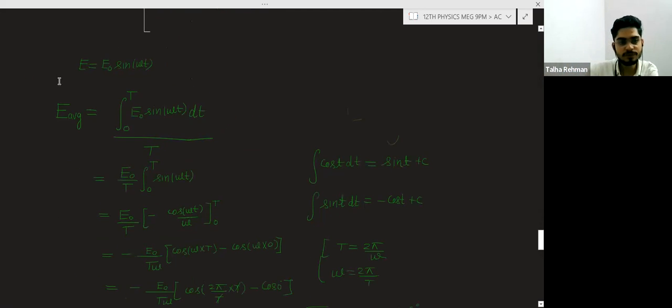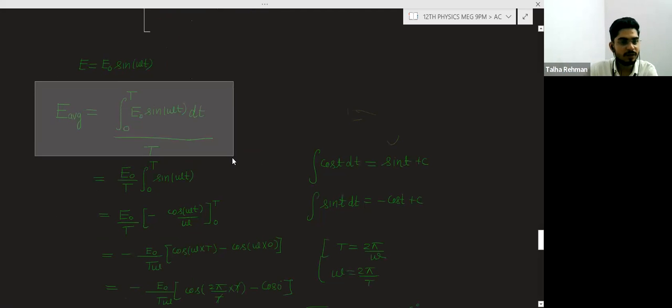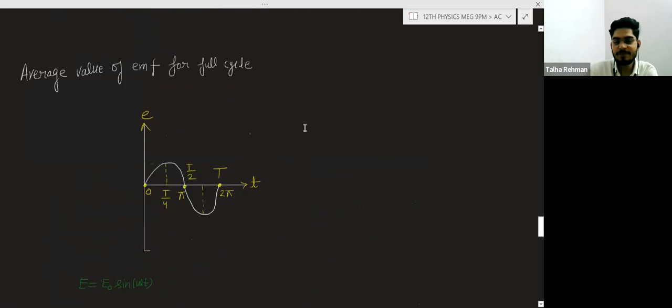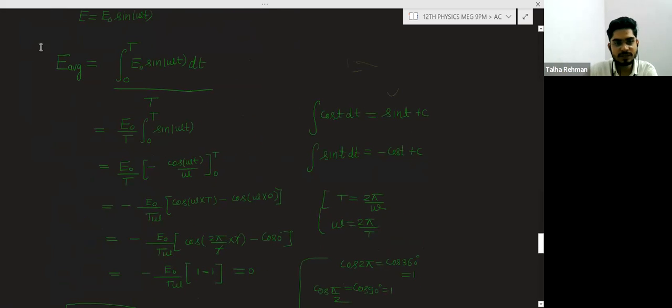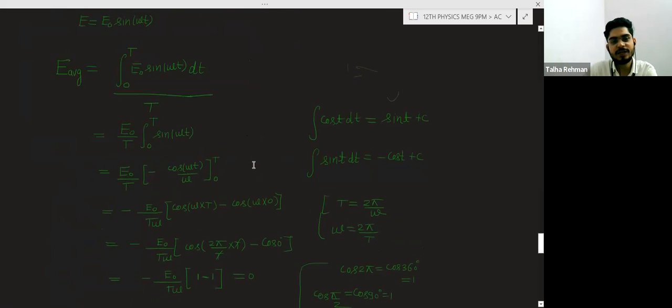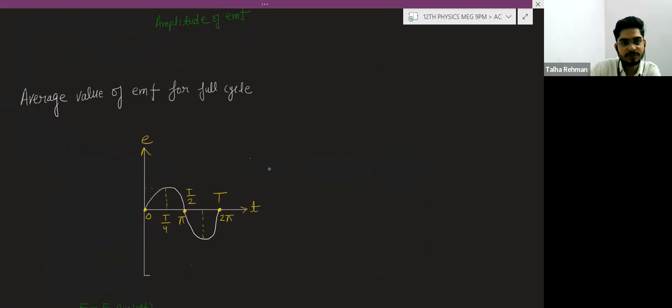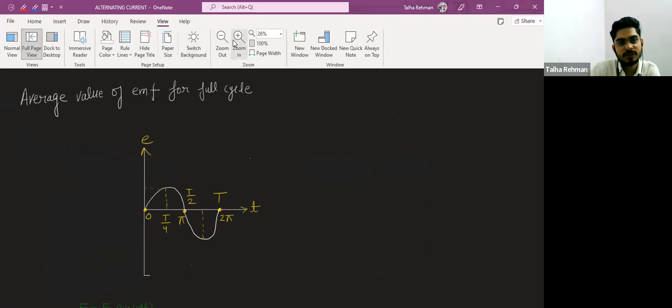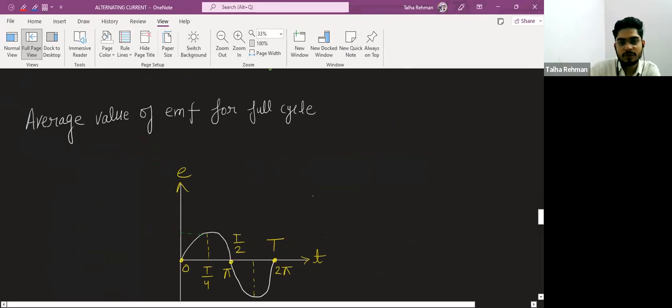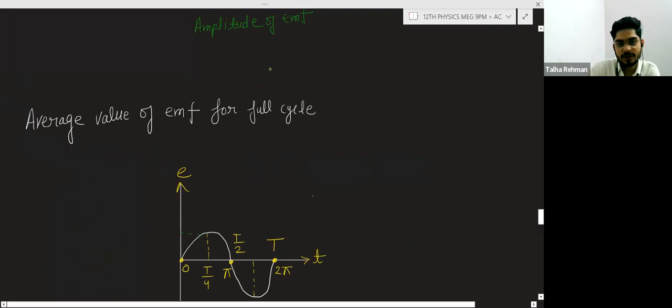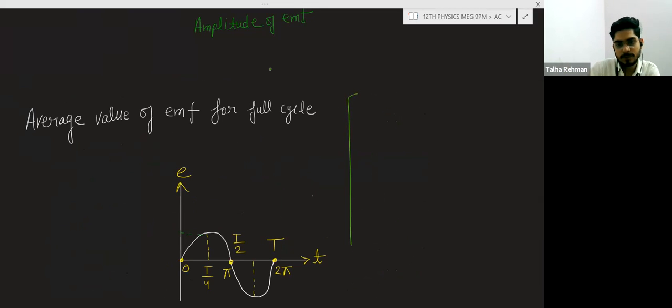For the average value, this is the thing I think I have to tell you once again. Suppose you have a function y is equal to f(x).